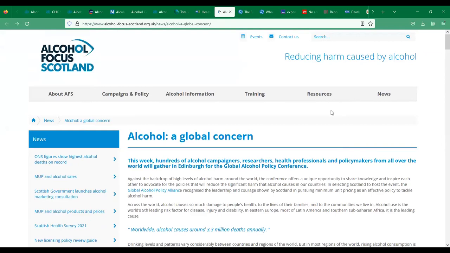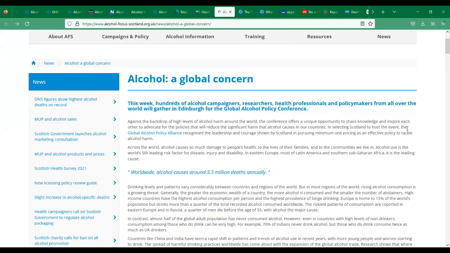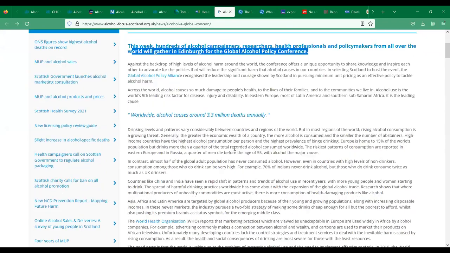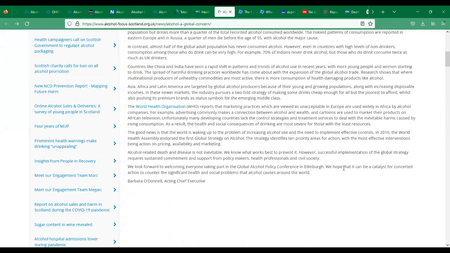So we have Alcohol Focus Scotland. Hundreds of alcohol campaigners, researchers, health professionals, and policymakers from all over the world will gather in Edinburgh for the Global Alcohol Policy Conference.